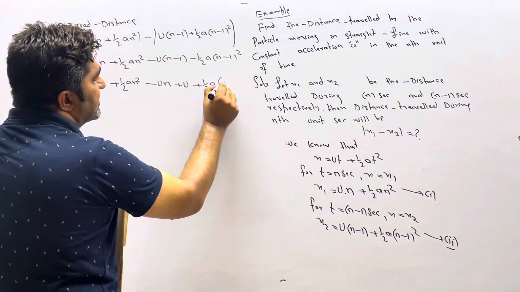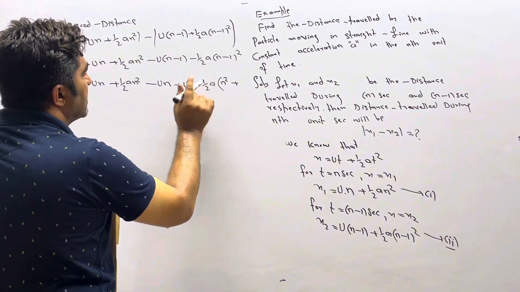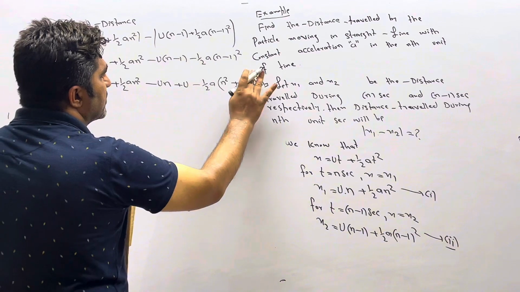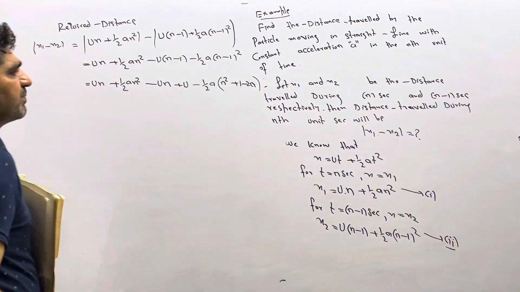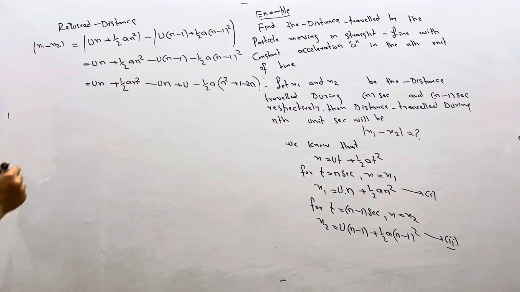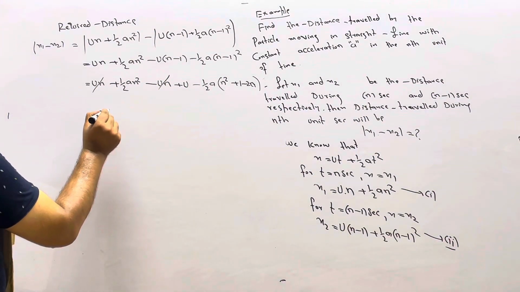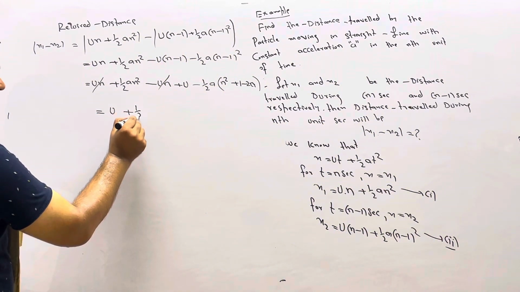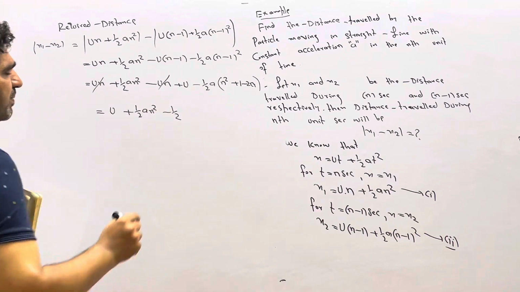It will be n square plus, I hope it was the minus sign. Yes, it was the minus, n square plus 1 minus 2n. This bracket closes. This un plus n minus will be cancelled. So you will be having this only u plus half an square minus 1 by 2.